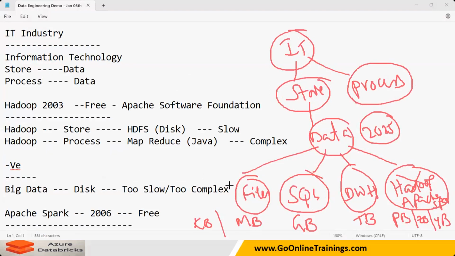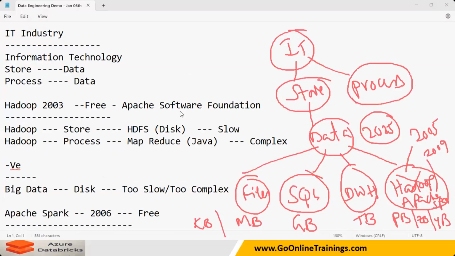Hadoop has some kinds of issues. Hadoop was introduced in the year 2005, and Hadoop is gone today. People are not using Hadoop because Hadoop is slow. Apache Spark was introduced in the year 2009, I think. Clear? So Apache Spark is the big data technology.